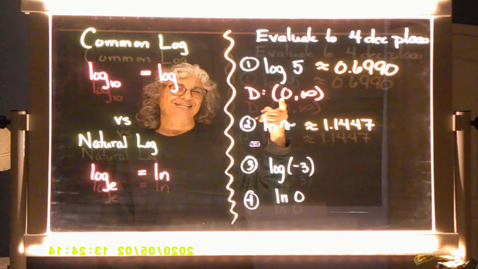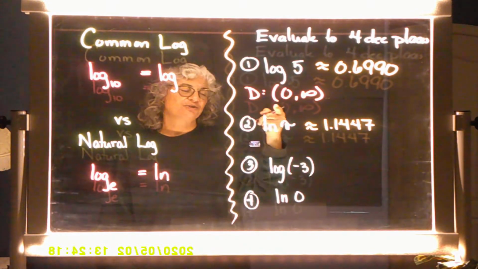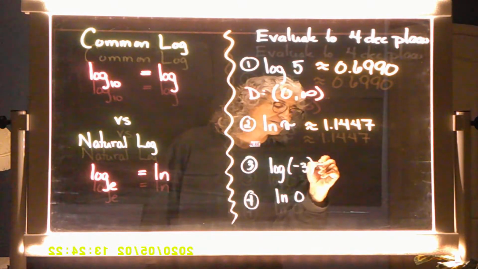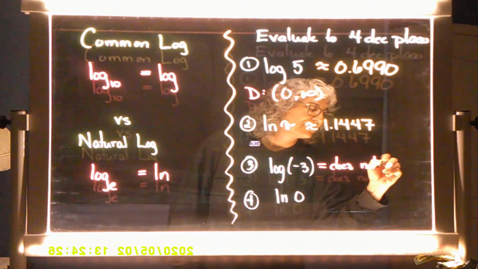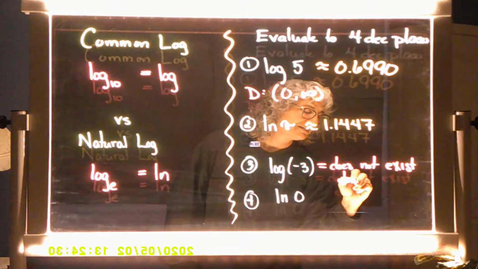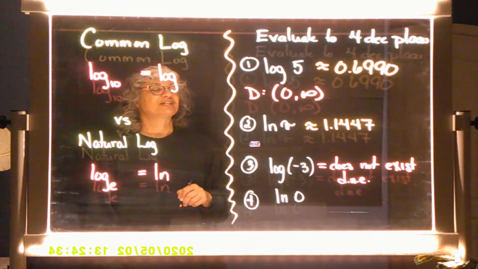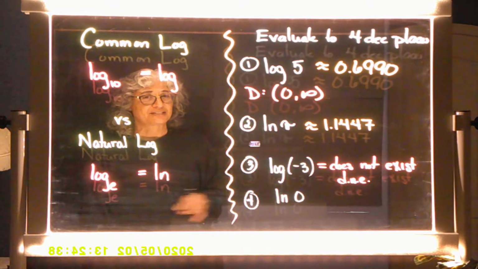Is -3 in the domain? Nope. So if -3 is not in the domain, can you take the log of it? Nope. This does not exist, or DNE for short. Cool? Haha, you're like, you tricked me. What can I tell you? You're going to find this in homework. You might as well see it here.